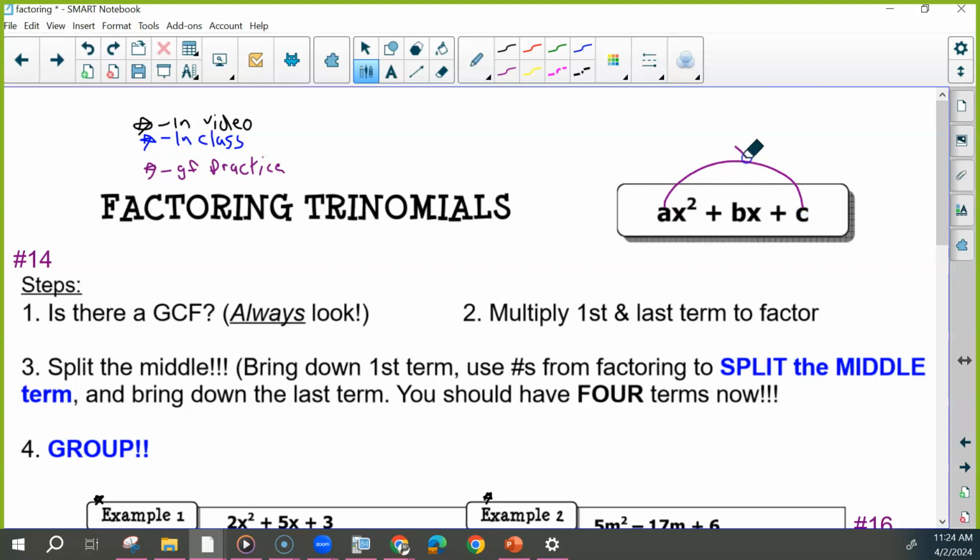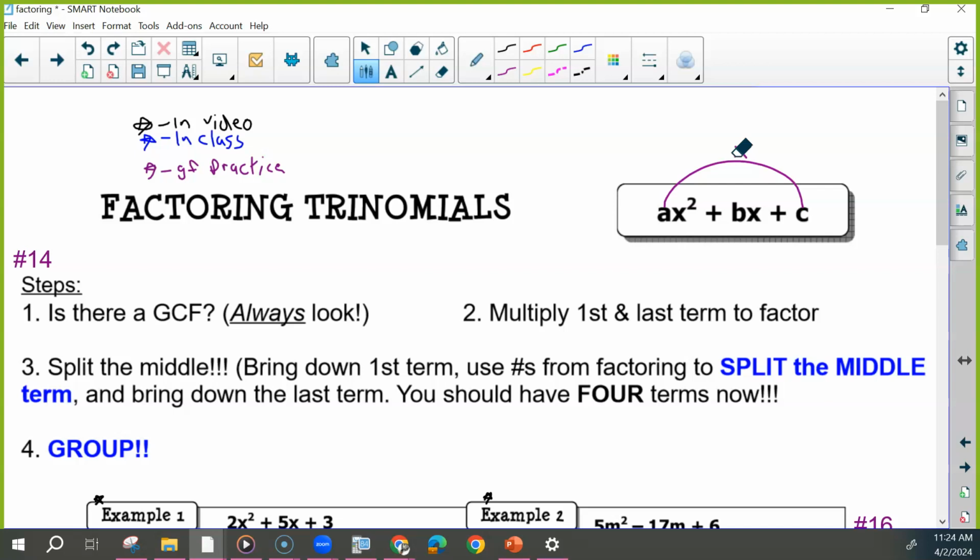So just the numbers, not the variables, multiply A and C. Find whatever that would be. Make sure you're writing this down. Whatever factors you could find from that, those are going to add to be B.